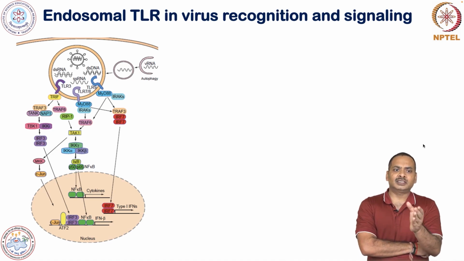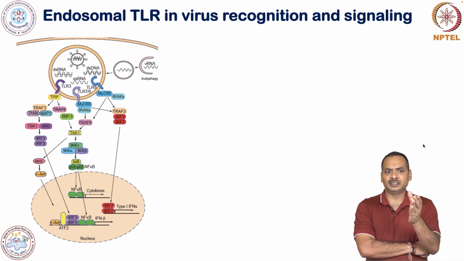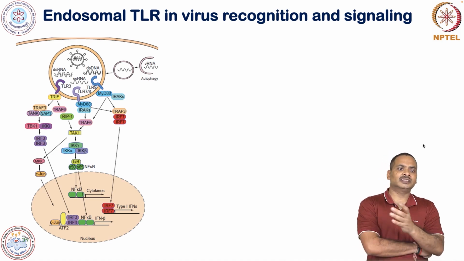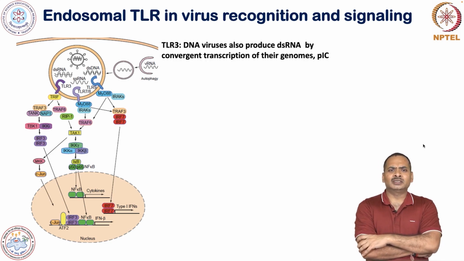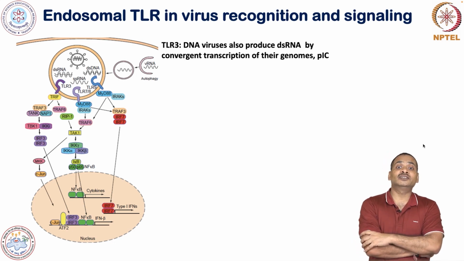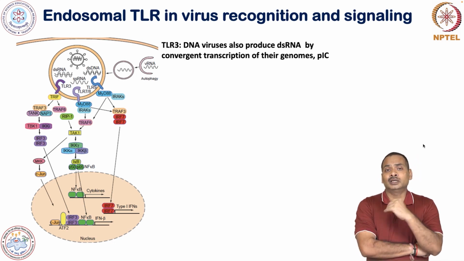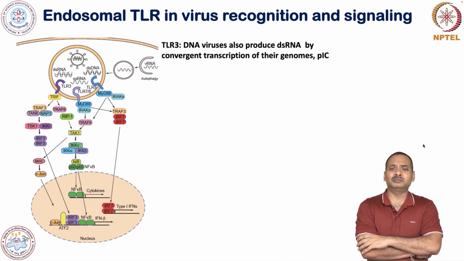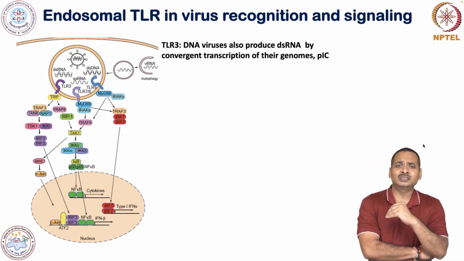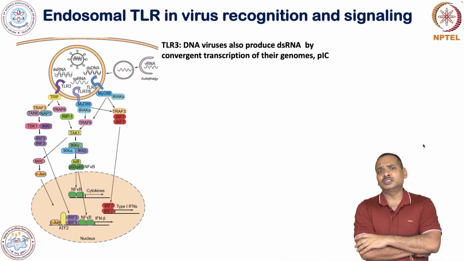Endosomal TLRs in virus recognition and signaling, I will talk about now. There are TLR 3, 7, 8 in humans, and TLR 9. TLR 3 plays a very important role in sensing DNA viruses also, and these DNA viruses produce double stranded RNA by convergent transcription of their genome.